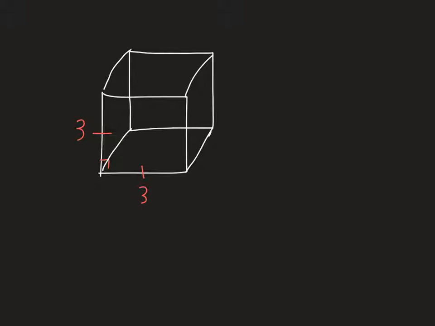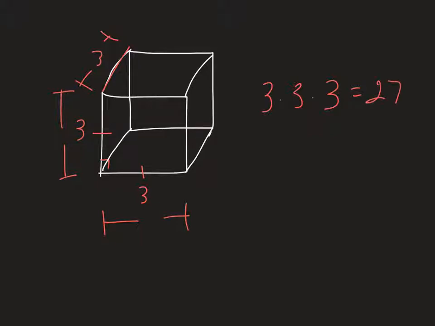And now we have ourselves a cube that is 3 feet in width, 3 feet in height, and 3 feet in depth. So we have ourselves 3 by 3 by 3, which is 27 cubic feet.